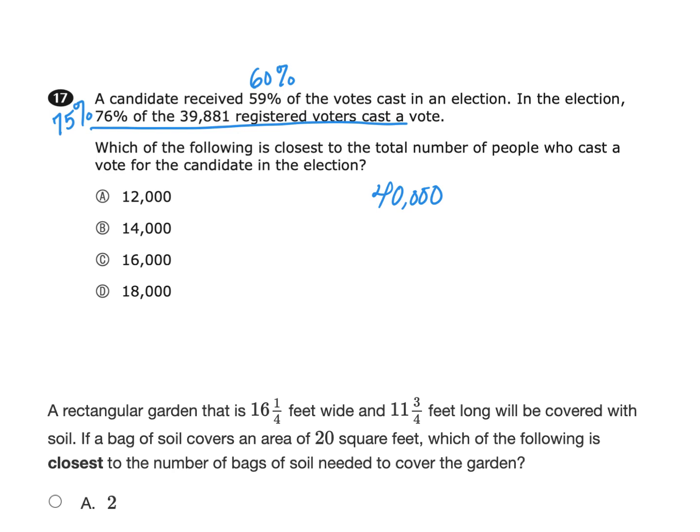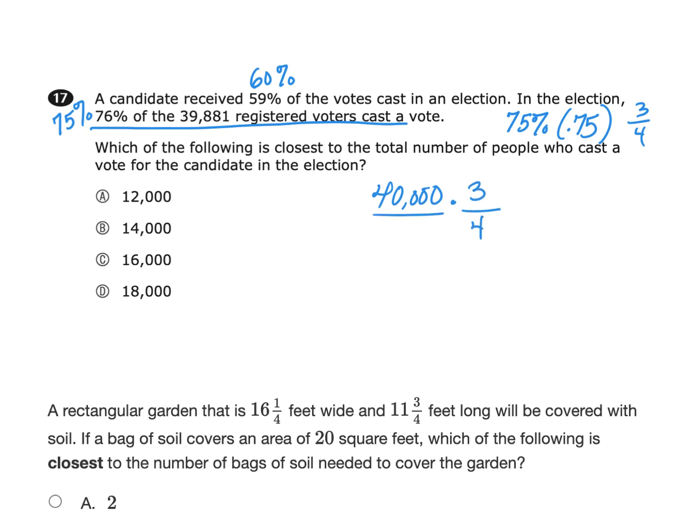Now, we know that 75% is the same as 0.75, or as a fraction, it's 3/4. Now, I know many of you are hesitant to use fractions, but let me show you how this can be actually really simple if I use the fraction.